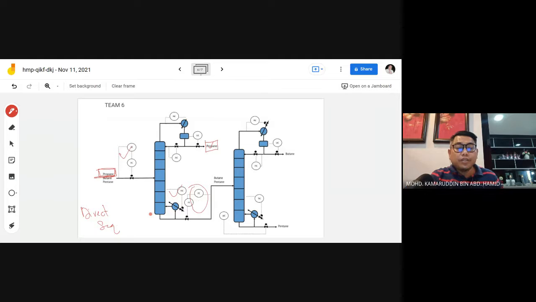Anyone? Any reason why? Any idea why you need to flow control that bottom flow rate before it comes in to the second column? There must be some reason, right?